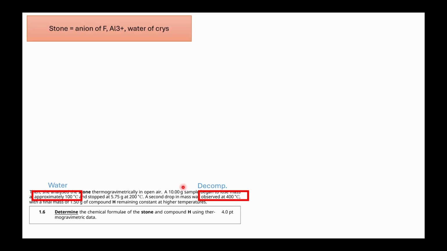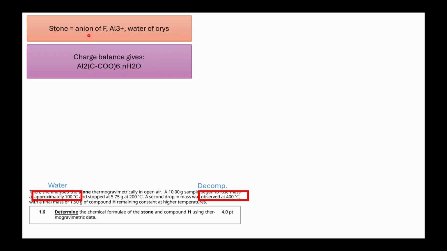And this is the information we already have. We know the stone contains the anion of F. So F is the carboxylic acid we drew just now, and we have aluminium 3+. We have also waters of crystallization. And just using this information and the information below, we can already write out the formula of the stone.